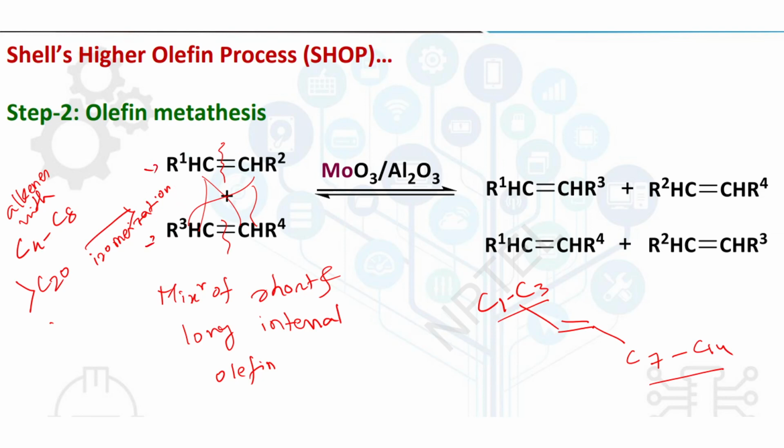Now what happens is a mix of short and long internal molecules. So let's say C4s, they are actually greater than C20, and they are R1 and R2. Now, when the first metathesis happens, each of the four-member units would be filled with your C20, greater than C20 long chain unit, and the other thing would be happening.